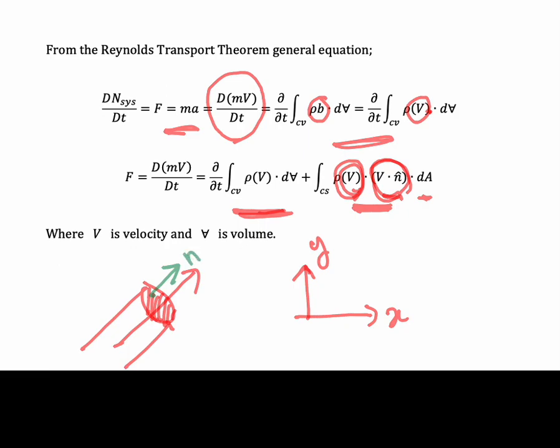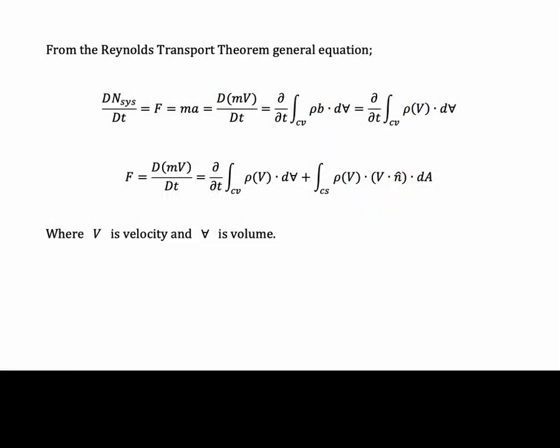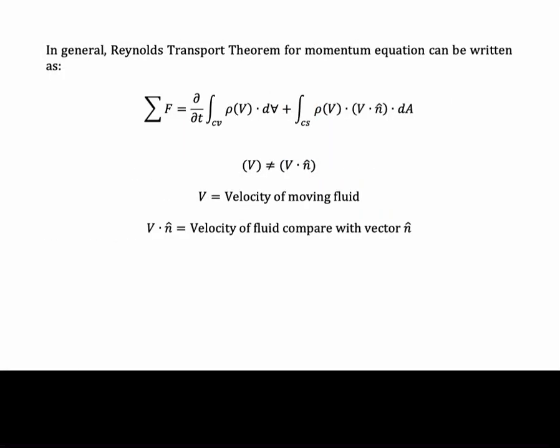So the value of Vn here will become positive V. However, for the velocity in the x direction, you need to use trigonometry to calculate it. So this is the difference between V and Vn. What you need to know is that V and Vn are not the same.